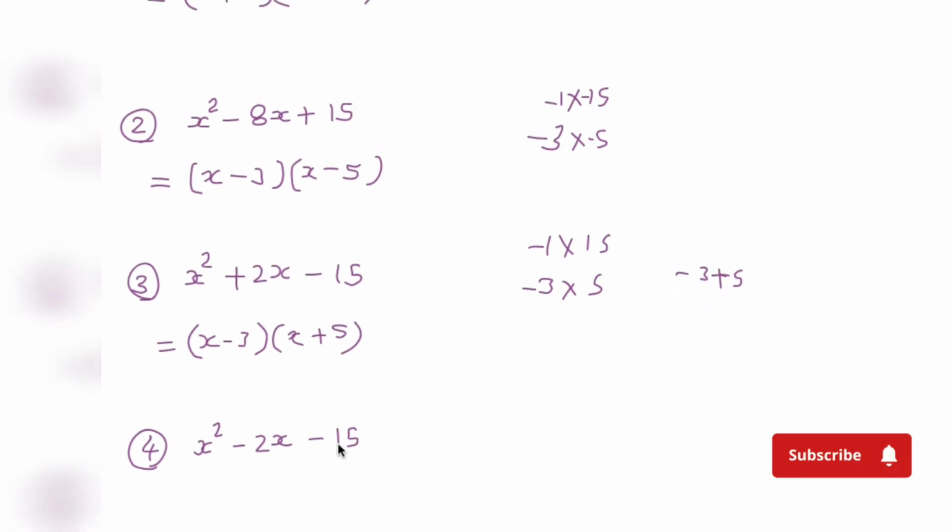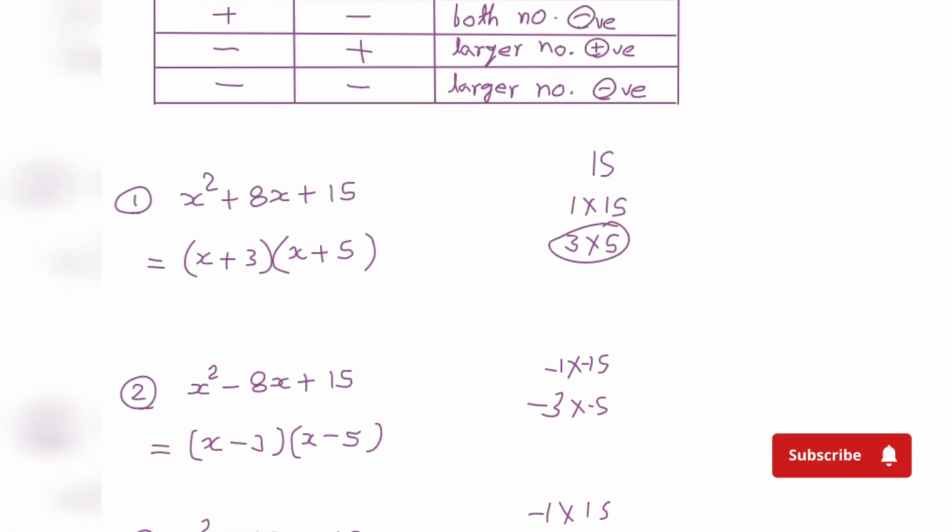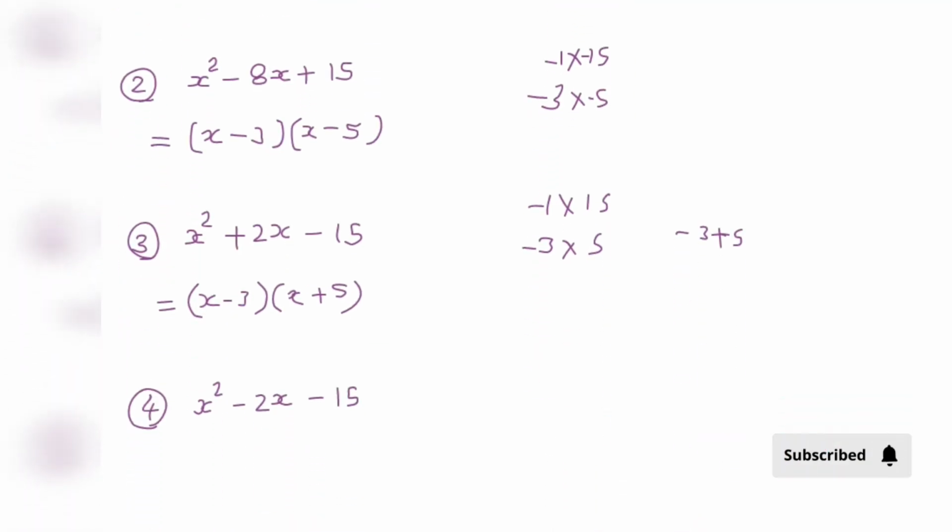Now this one. Here the product is negative and the sum is also negative. It means the last condition: product negative, sum negative, so the larger number is negative. Here 3 times 5, the larger number negative, so the difference is negative 2, and when we multiply we get product negative 15.